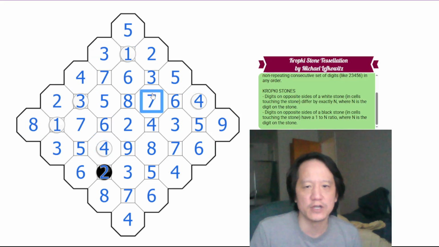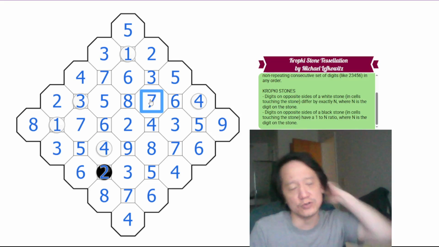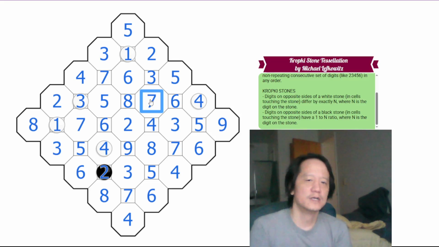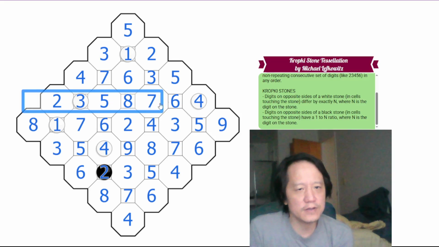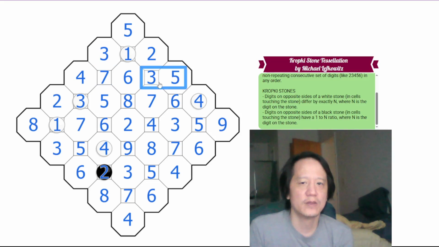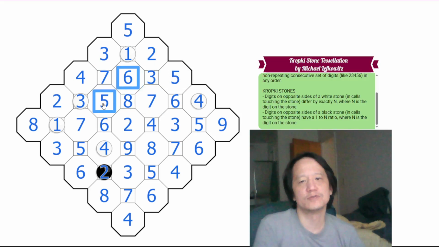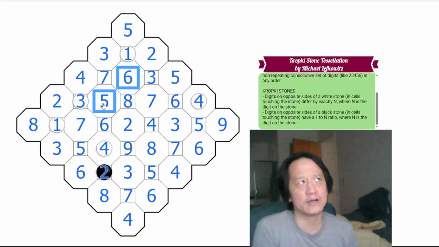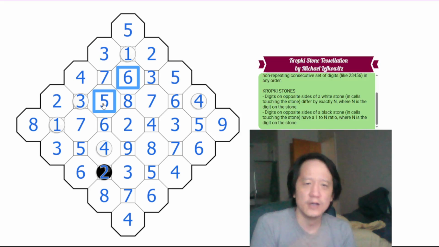Pretty interesting. It's very similar to Sudoku, but you have to think through things a little bit with the Kropki stones. Pretty cool use of the Kropki stones. We ran into that. I think Michael Lefkowitz introduced that a little bit earlier, and I thought it was pretty limiting.